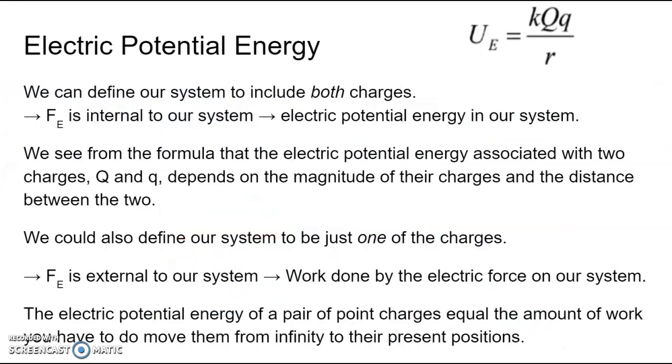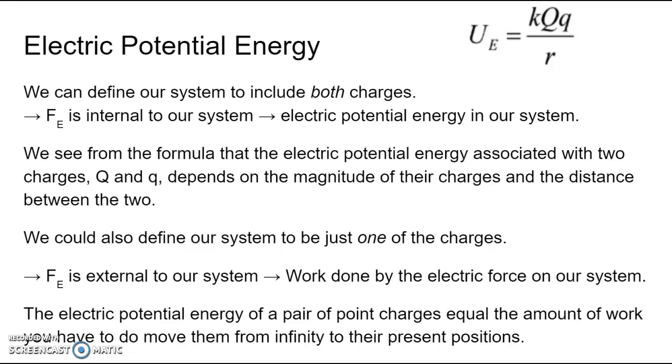All right. So again, since we're dealing with potential energy, remember potential energy only manifests if we're dealing with a system, if our force is internal to our system. So if we include both charges that are interacting inside of our system, then that electric force is internal, therefore we have electric potential energy.